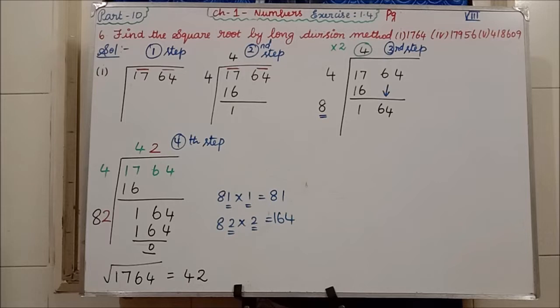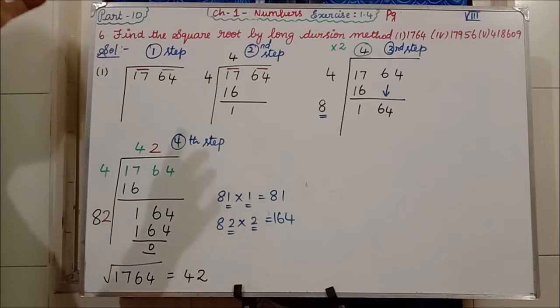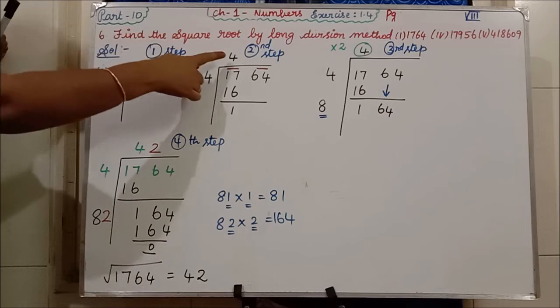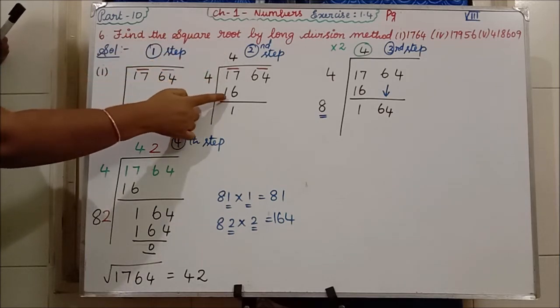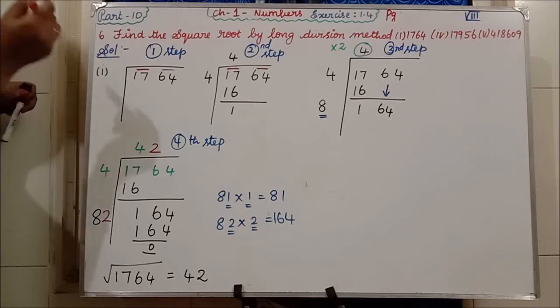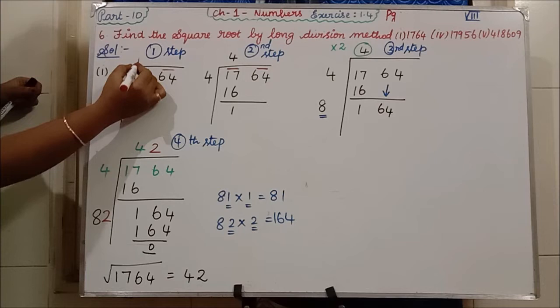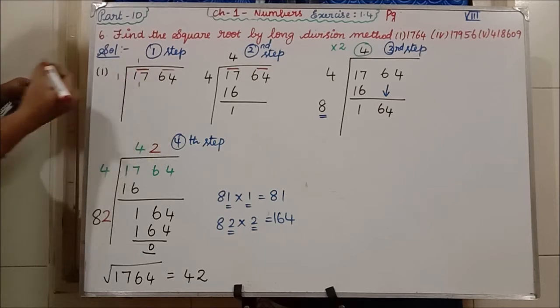16. So, which number will come near to 17 among the square numbers? 4 fours are 16 only will come. Because if you write 1 here and 1 here, it will be very less than 17. Can you understand what I am saying? Suppose, as an example, if I write 1 here and 1 here, 1 one is 1, can I write it?